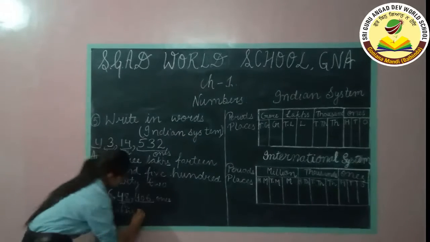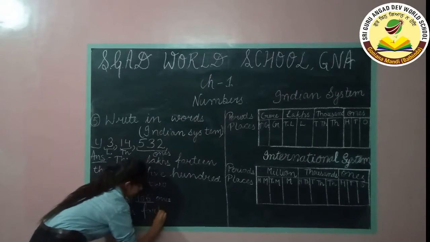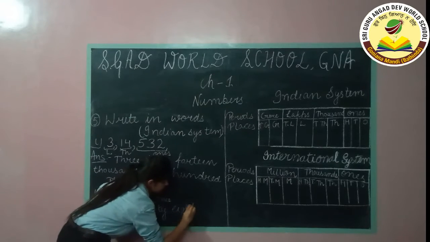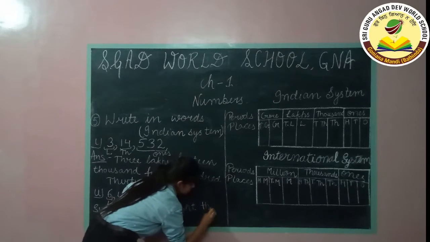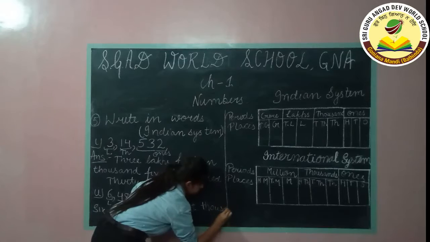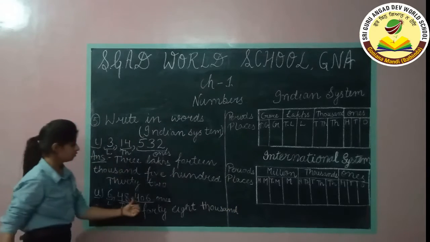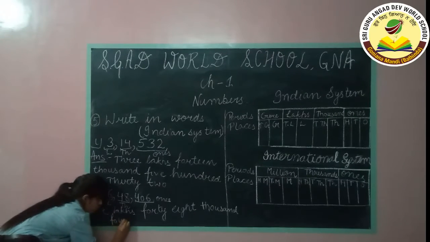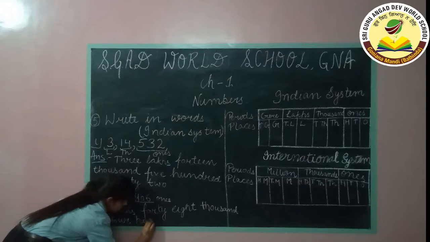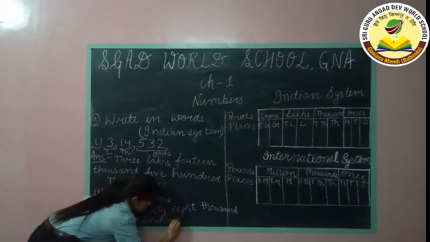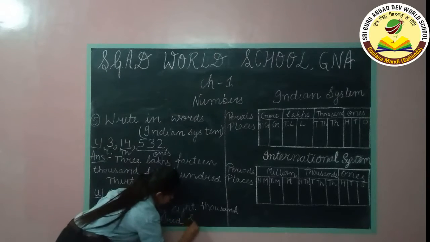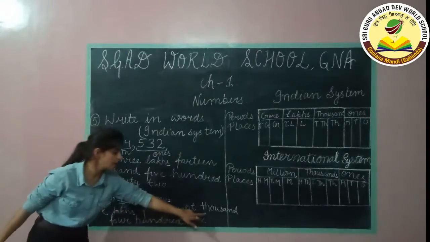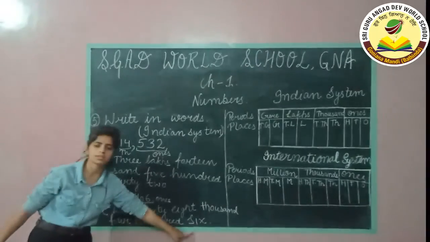The thousand period contains 48, that is 48,000. Then 406. Let's write it: 406. The number is 6,48,406.